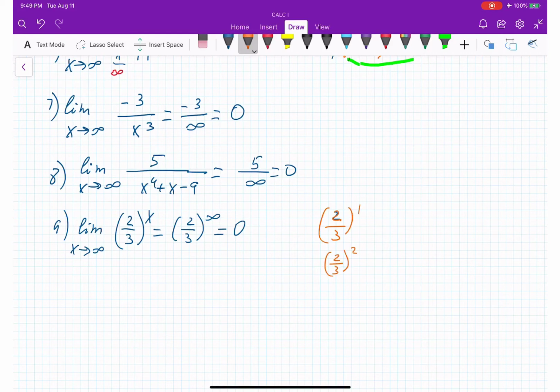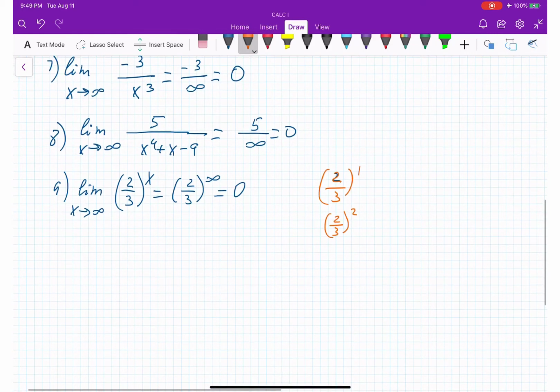2/3 to power 2, 2/3 to power 3, and 2/3 to power 4. As you can see, our exponent is increasing, right? Because x is replaced with infinity, the exponent has to increase and run to positive infinity.